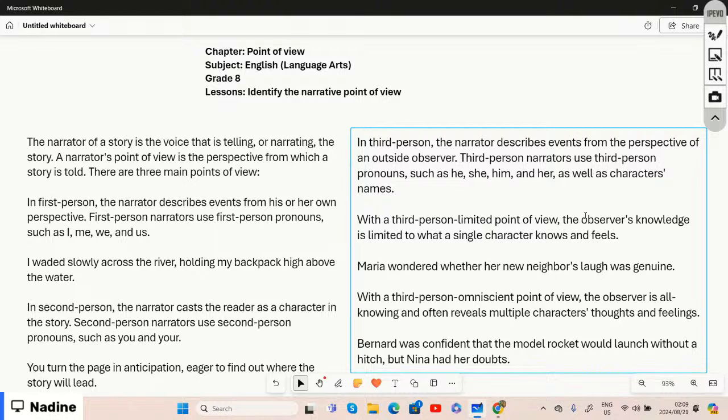There are three main points of view when it comes to the point of view.